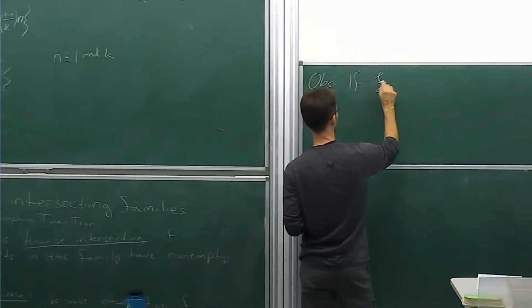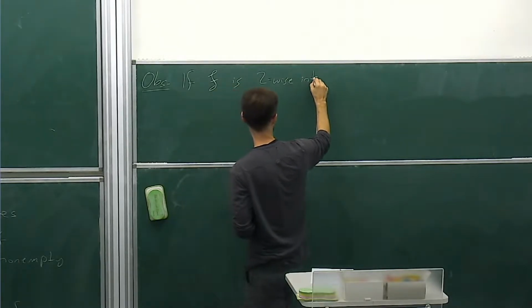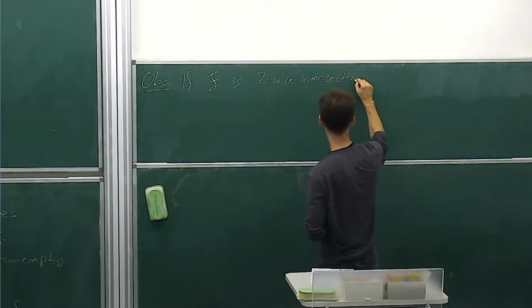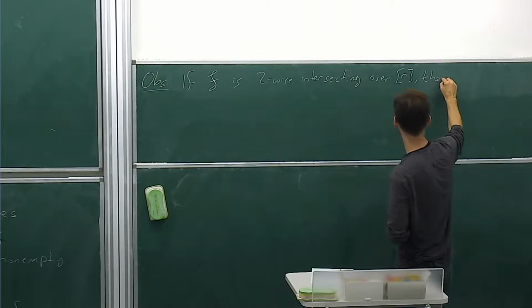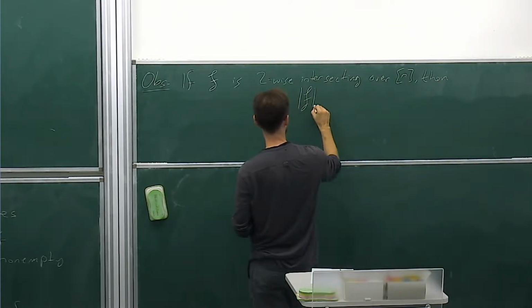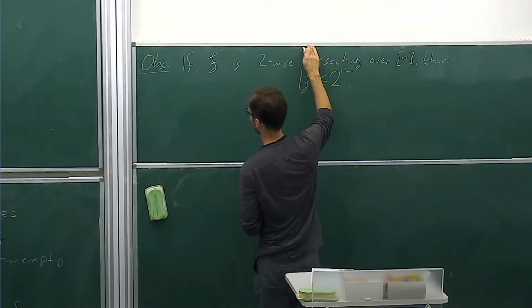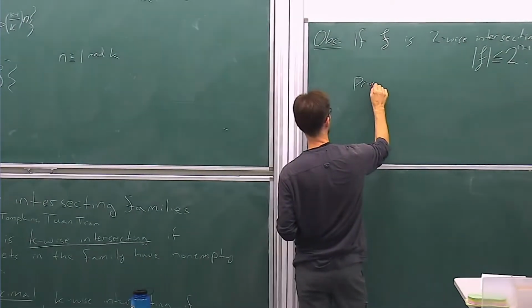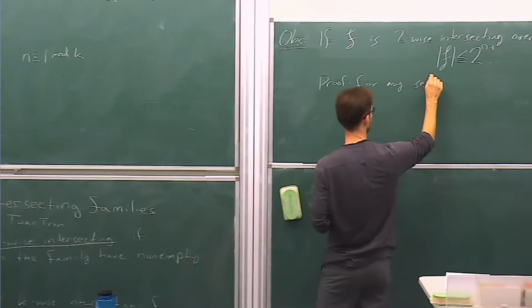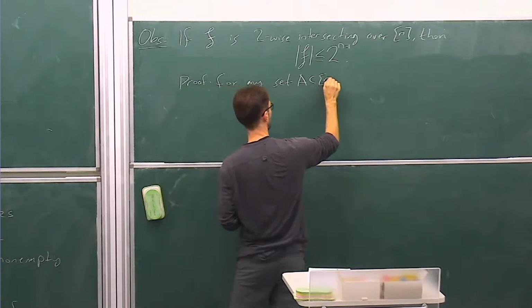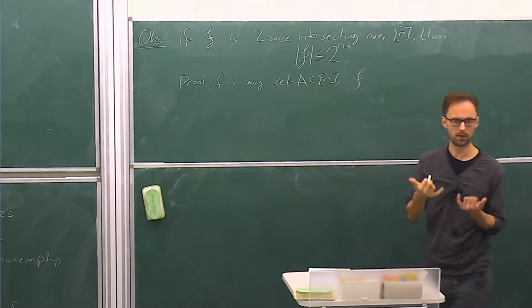So if F is pairwise intersecting over n, then the cardinality of F is at most 2 to the n minus 1. And the proof here is, for any set A, F is intersecting, so it contains at most one of A and its complement.